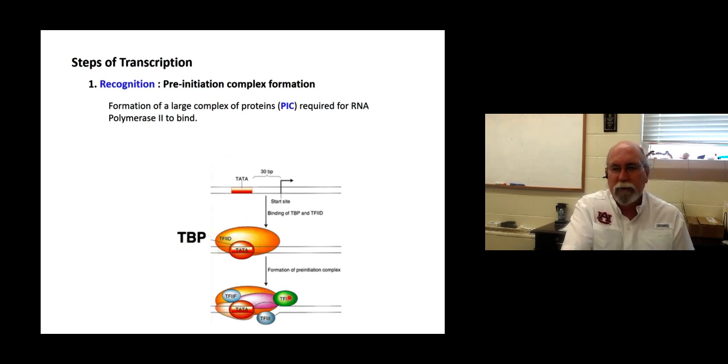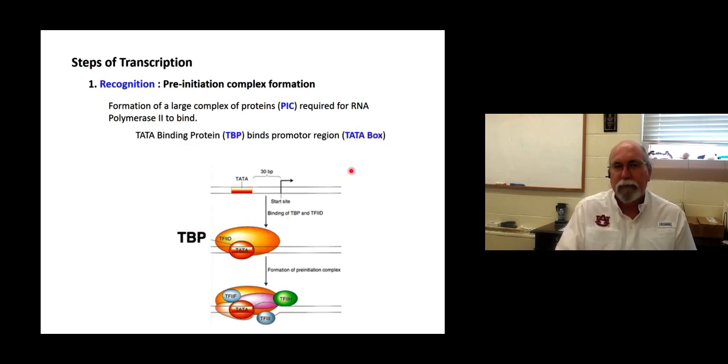All these things down here that have names on them, other than TATA, are proteins. TATA is here, and we have a couple of proteins that come along and bind. The first one is known as the TATA binding protein, TBP, and it will come along and find the TATA that we're looking for. It will bring in some other binding proteins, which then start to pull in others.